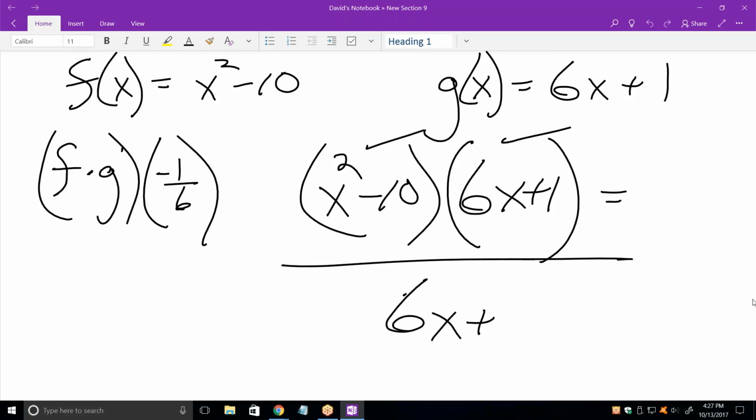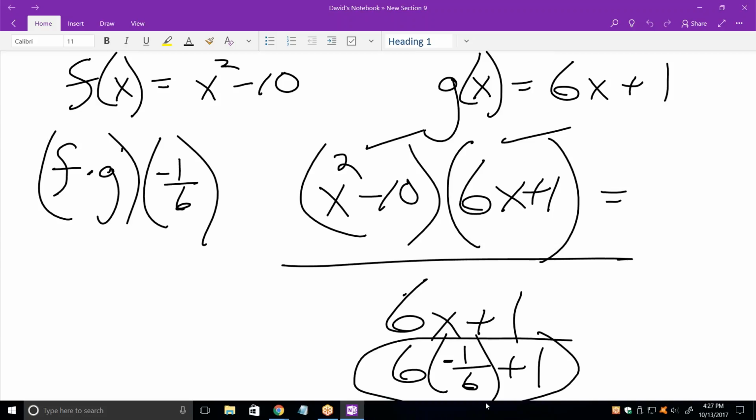Here's what we're doing. There's our function. We're plugging in negative 1/6 for x, and we're solving this. What is that? It's 0. So the fact that that is 0, again, we don't care what x squared minus 10 is.